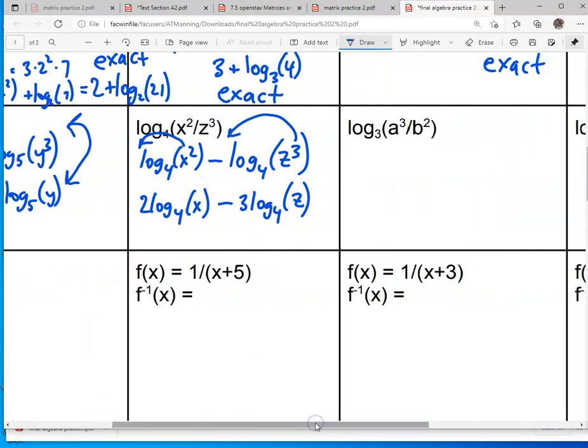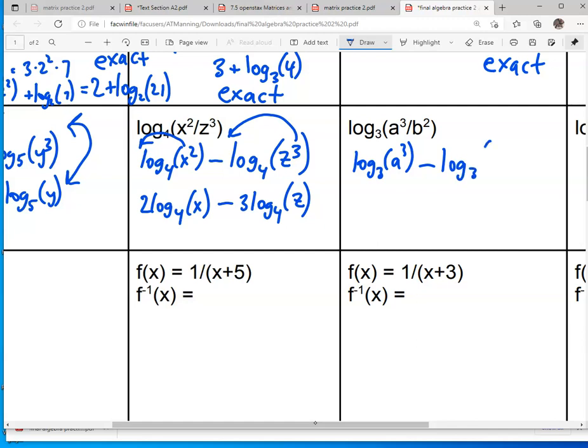And then one more. Same kind of thing. And don't let this fool you. Just because you see a 3 here, it's not 3 to some power. It's a to the third power. There's nothing I can do except bring that 3 out into the front after first applying the division rule. So let's do the division rule first. Log base 3 of a cubed minus log base 3 of b squared.